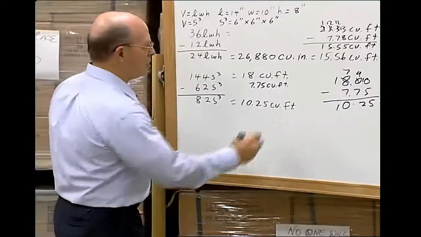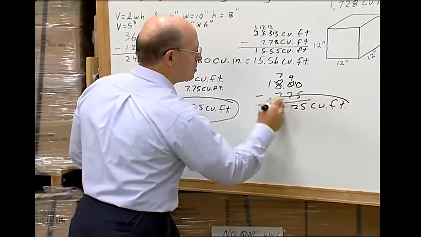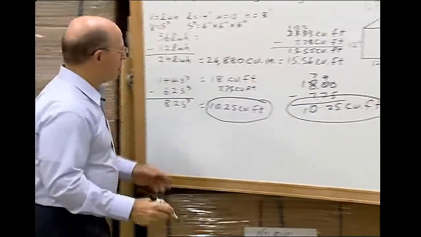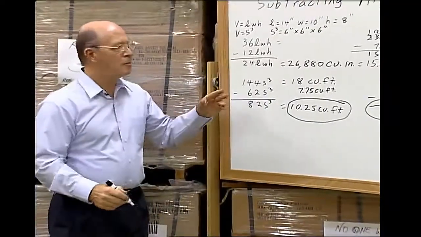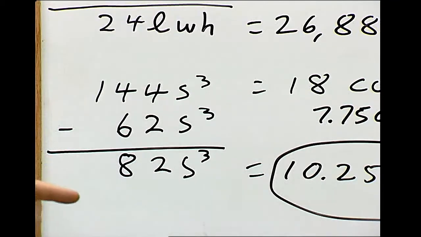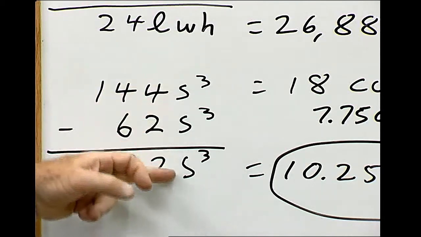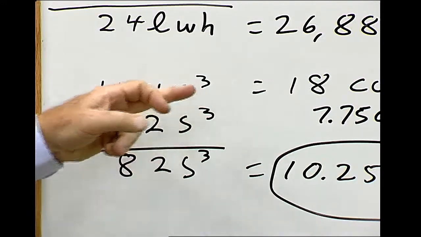And as you can see, we get the same answer as we did over here, showing when we do the subtraction of algebraic terms, you just subtract the numbers and you lower the variables. You do not subtract the exponents.